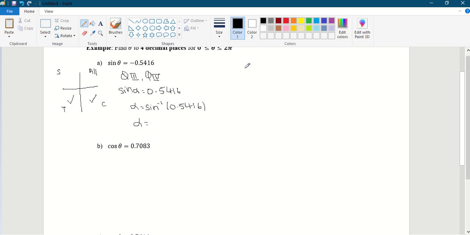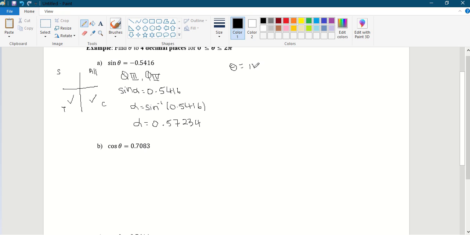Sine inverse 0.5416. The number we get, because this is in radians, not going to be large number, it's just 0.57. Because we are asked to round to 4 decimal places, we're going to carry 5 now, so it's something like this for now.